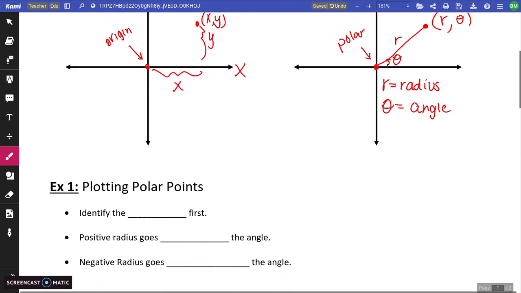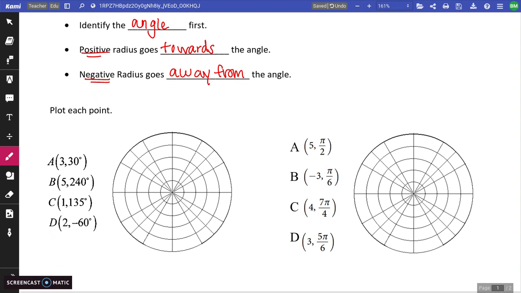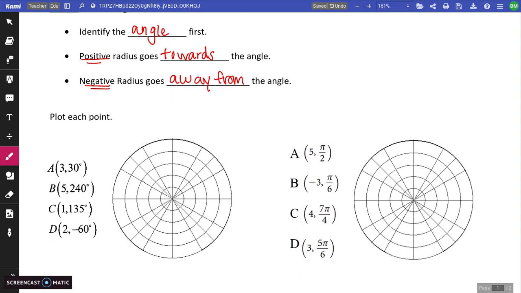Okay, so the first topic today is just plotting some points. So we're going to identify the angle first. If we have a positive radius, we'll go towards that angle, however many units, and a negative radius will go away from the angle. So for example here, if I'm plotting each point, point A is at a radius of 3 and an angle of 30 degrees, r comma theta.